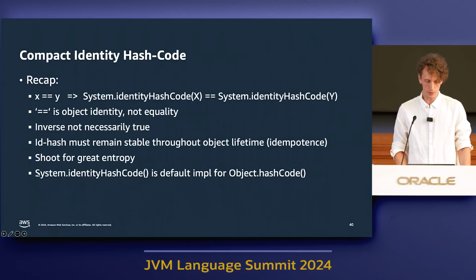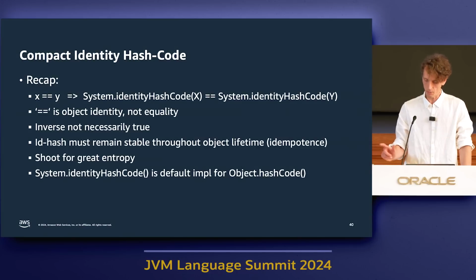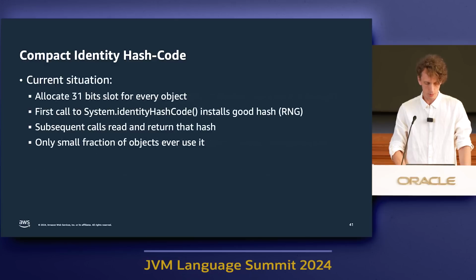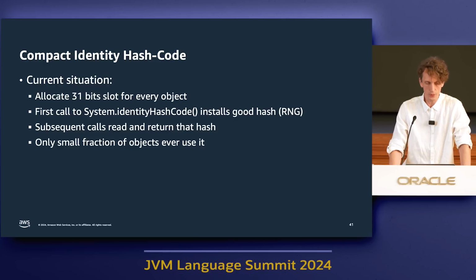Also notice that System.identityHashCode is basically the default implementation for Object.hashCode. But still, I'm talking about identity hash code and not Object.hashCode. This is an important distinction. So the current situation for identity hash code is that we reserve 31 bits for it in every object header.